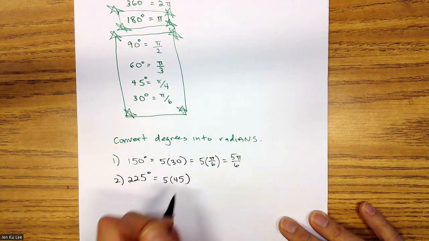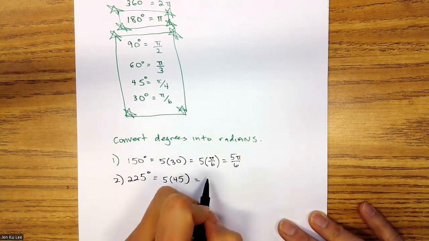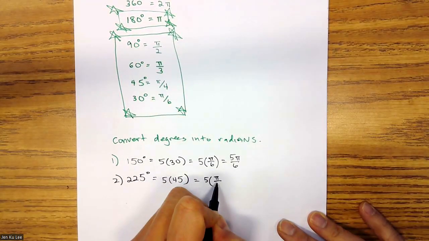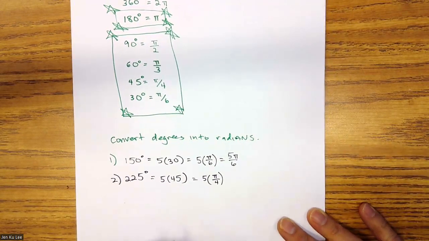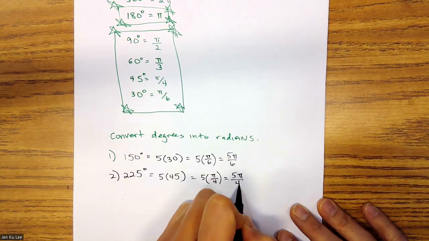So I already know that 45 degrees is pi over 4 in terms of radians. So this will just be 5 pi over 4.